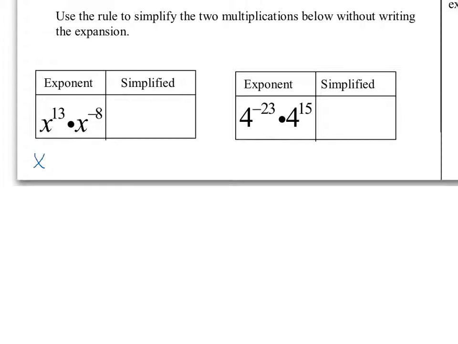X to the 13, since it's multiplication, plus negative 8. I think to myself, like signs add, different signs subtract. Different signs subtract. Take the sign of the larger number, that's positive. So I have x to the fifth. Is x to the fifth a simplified answer? Absolutely.